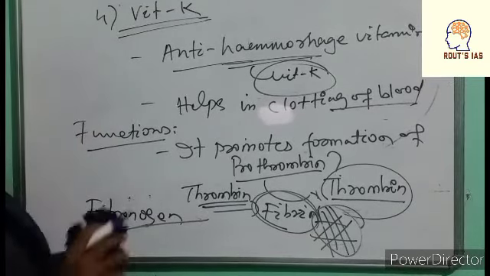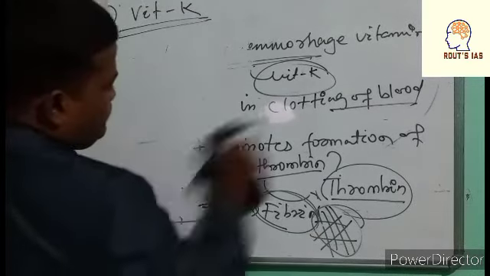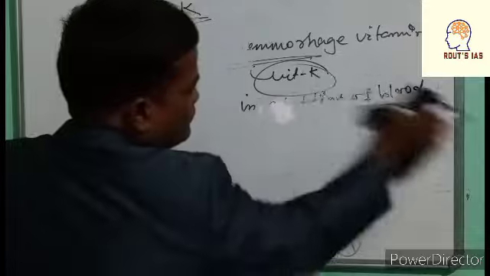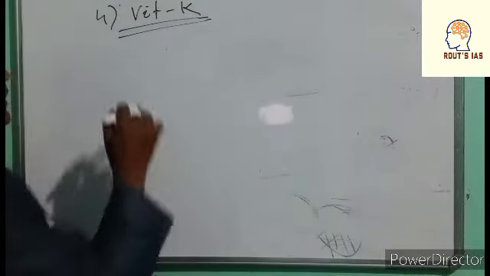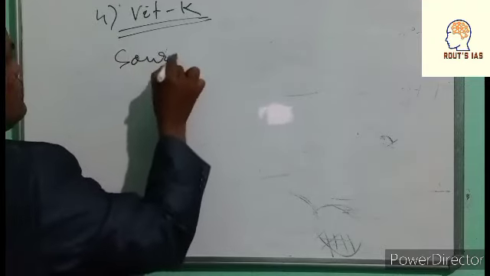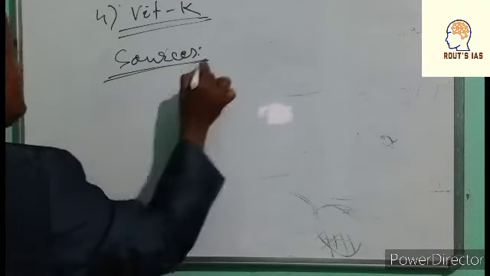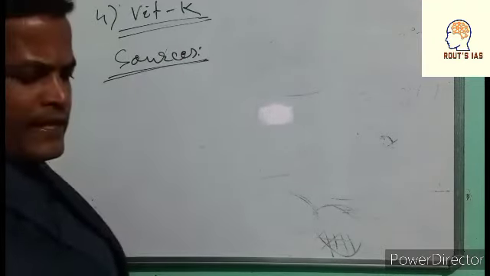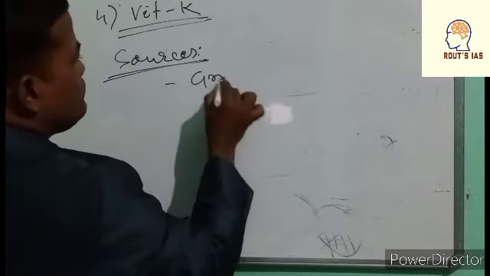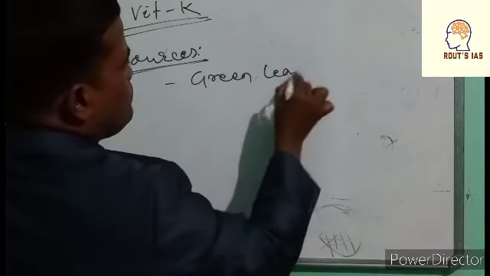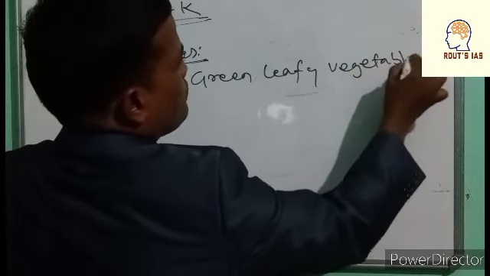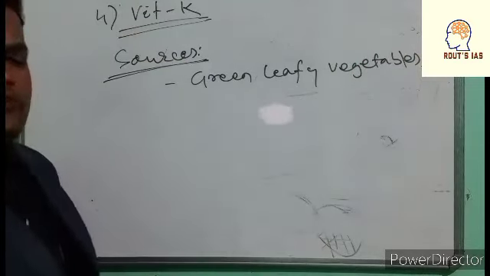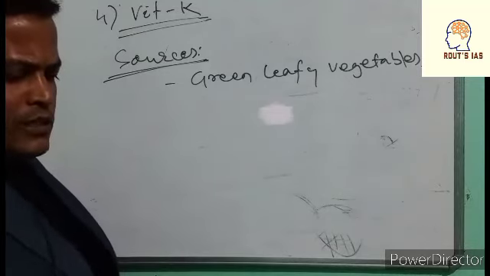Now let us see the sources of this vitamin. Source number 1 is green leafy vegetables. It is plentifully available in green leafy vegetables.